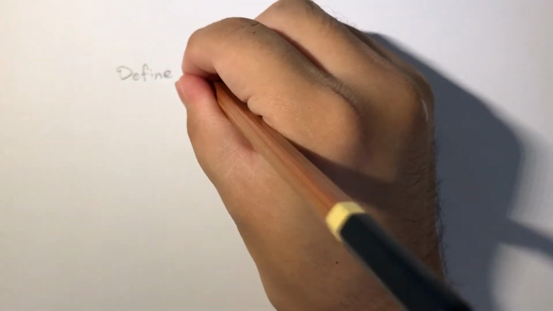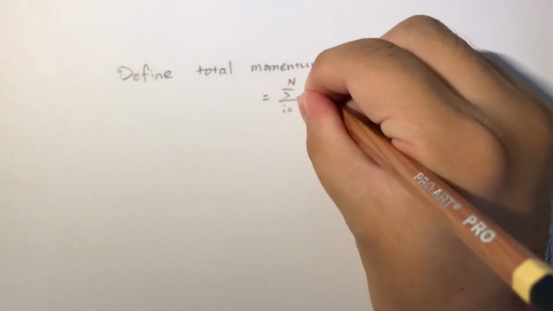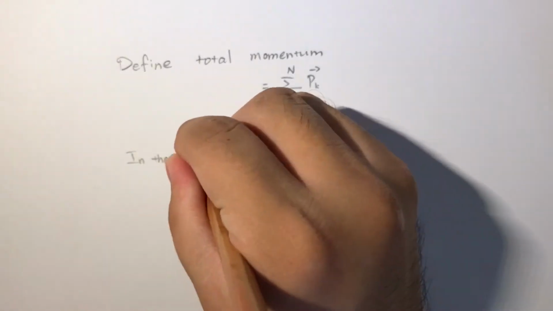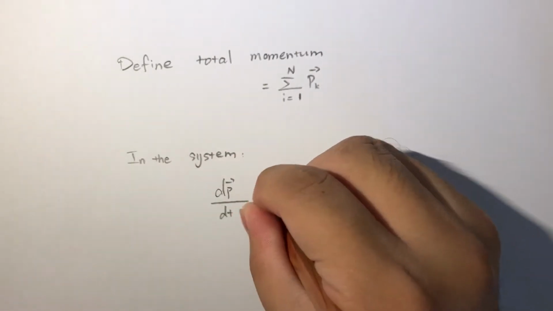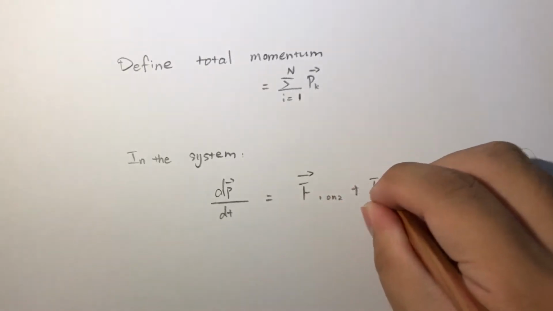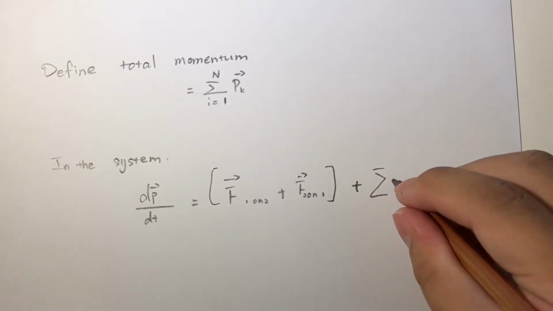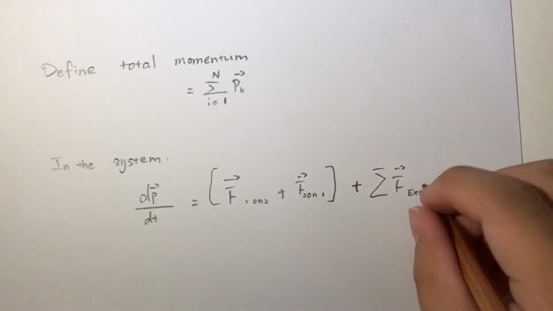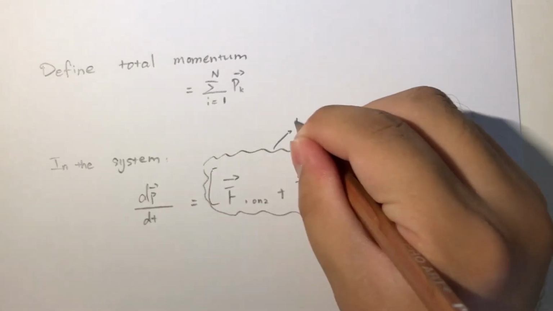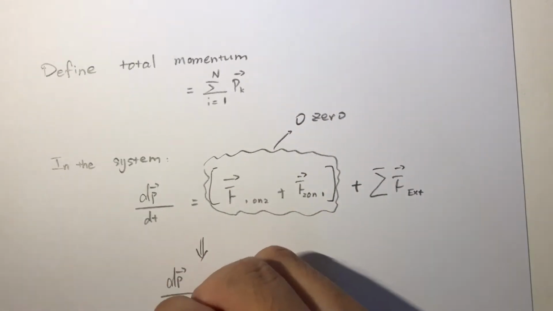We can define the total momentum as the sum from i equals 1 to n of the momentum in the system. dp over dt equals the sum of F1 on 2 and F2 on 1, plus the sum of external forces. But note that F1 on 2 and F2 on 1 sum to 0.